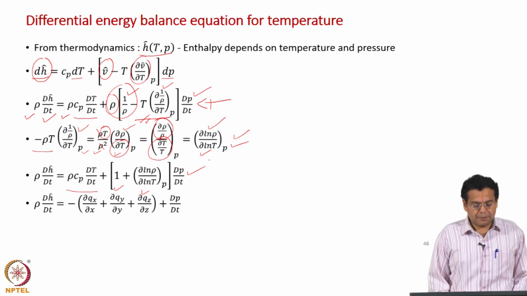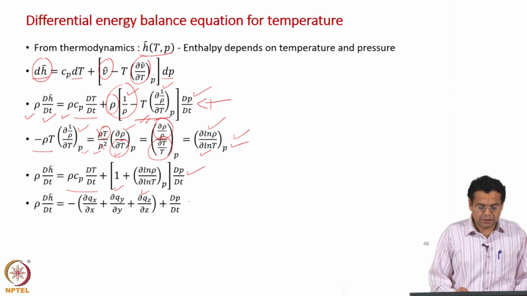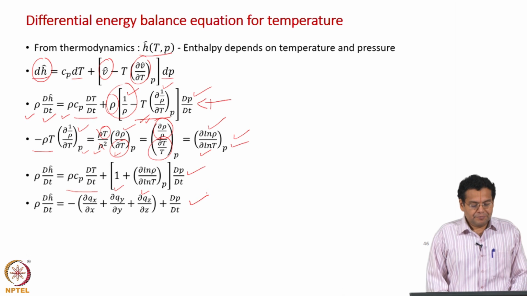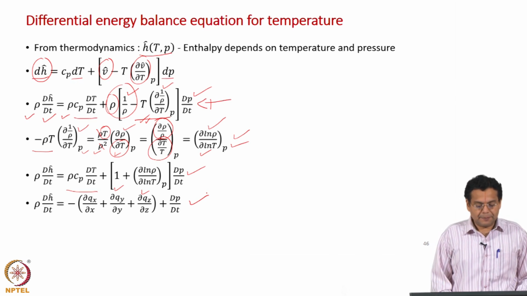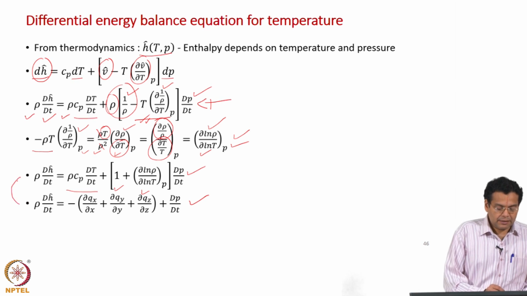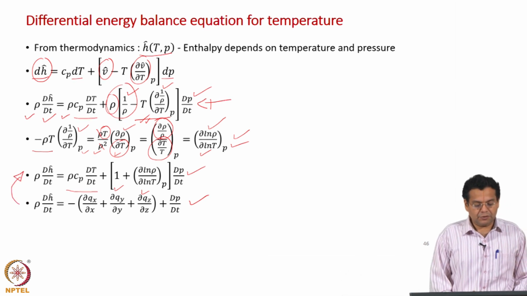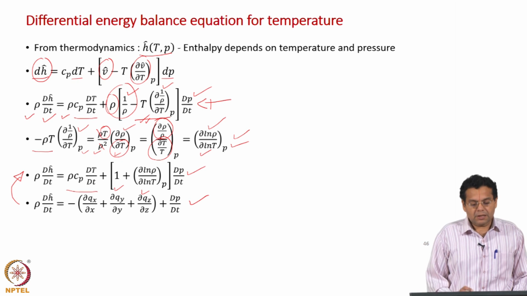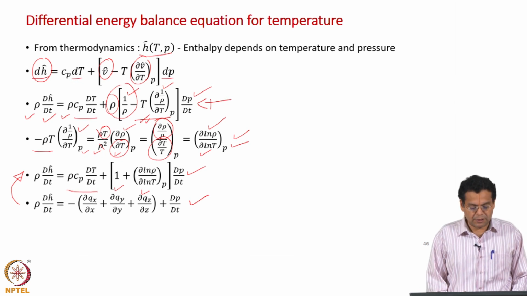In the previous step we have derived the energy balance equation in terms of enthalpy. So, on the left hand side we will substitute the substantial derivative of enthalpy in terms of the thermodynamic relationship which you have seen now, and that is what we will do now.